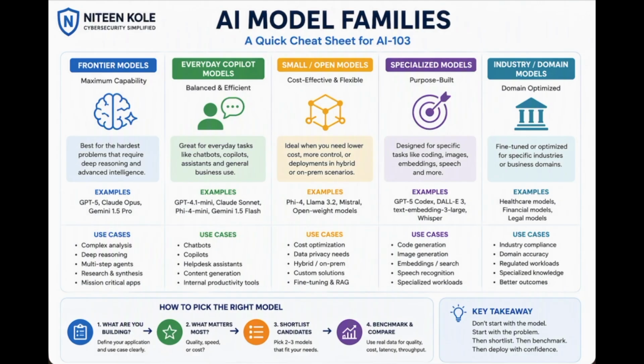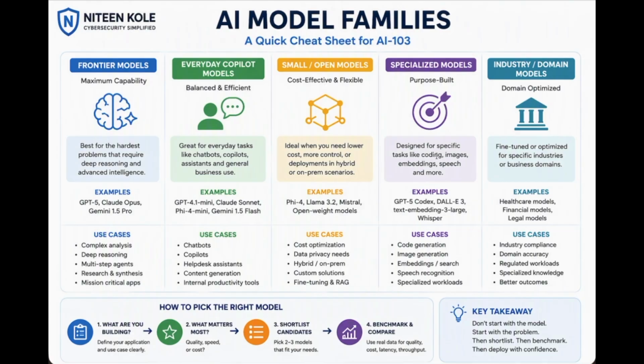Third are small or open models like Phi, Llama, Mistral, and open-weight models. They're best for cost optimization, greater control, hybrid deployments, on-premises deployment, and custom solutions. Memory trick: if you need flexibility and lower cost, think small or open models.